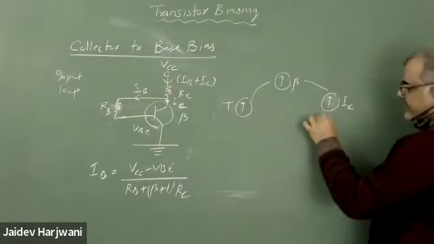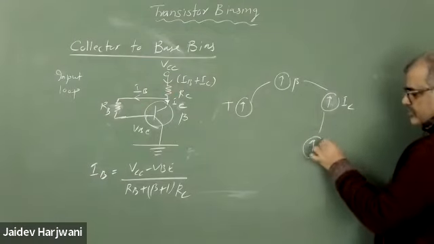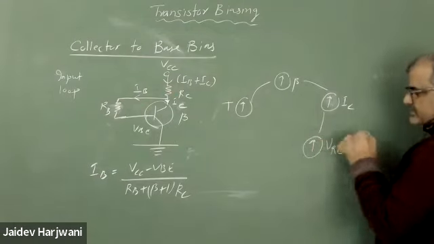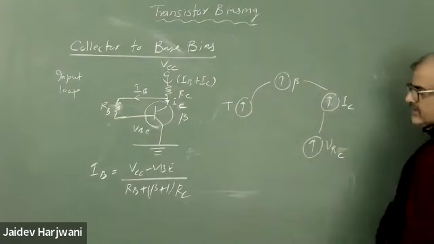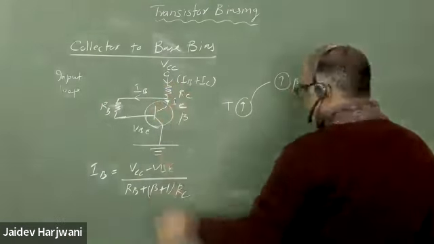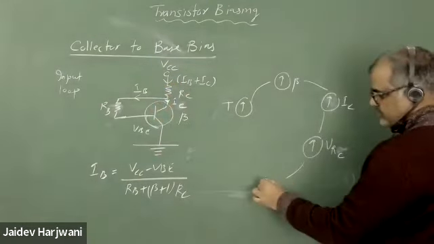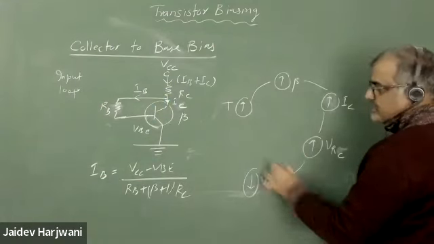VRC, that is the drop across resistance RC, will also increase. Once VRC increases, the drop increases, and the voltage at this point decreases. So you can say your VC at this point is decreasing.